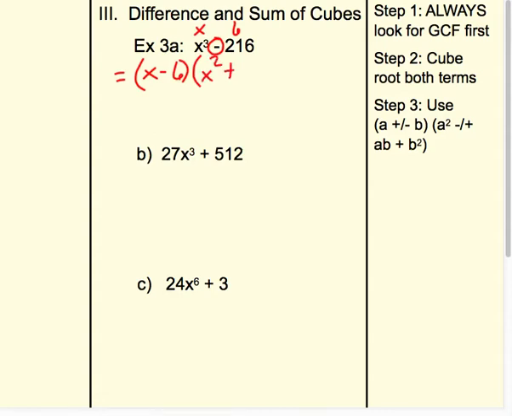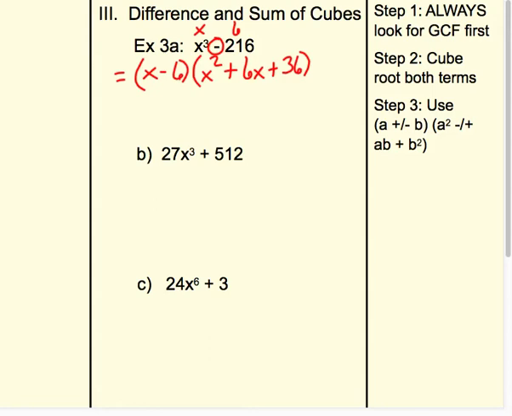Opposite sign, so plus, multiply the two cube roots together, and then adding the last cube root, 6 squared. Now, what's nice about factoring a perfect cube is that that trinomial will not factor. So we don't have to ask ourselves, can we keep factoring? If you have a sum or a difference of cubes, you're done once you use this formula.